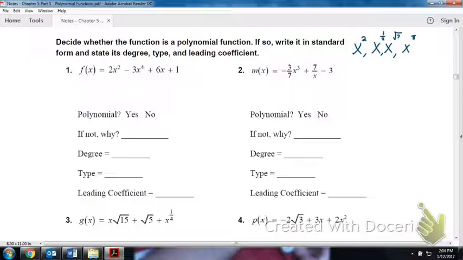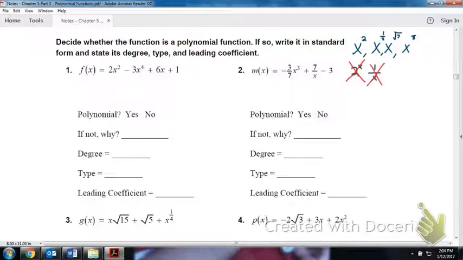What does not constitute a polynomial is basically when you have x anywhere else. So if I have x as an exponent, that is not a polynomial. If you have x in the denominator, this is not a polynomial.